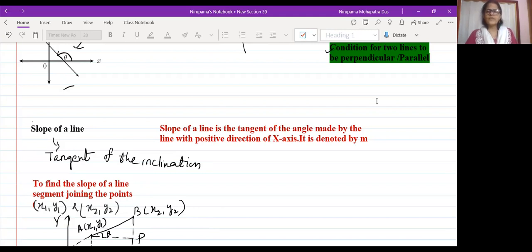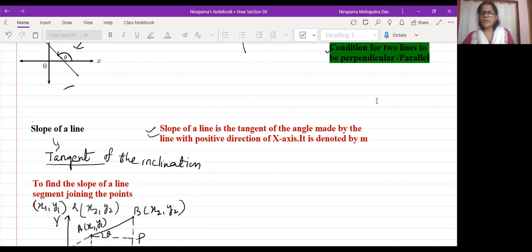Okay. If inclination is theta, the tangent of the inclination is tan theta. So we can define it in this way also.